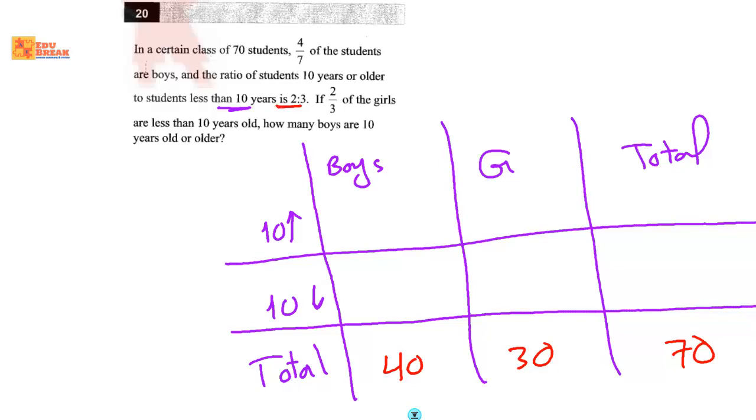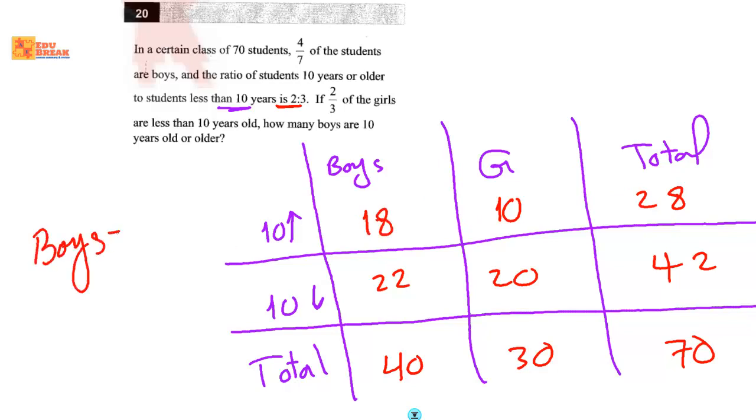Using the ratio 2 to 3 with a total of 70, it will be 28 and 42. Yes, less than 10 is 42 and 10 or older is 28. The number of girls less than 10 will be 20, so the number of girls 10 or older is 10. It means the number of boys 10 or older will be 28 minus 10, which equals 18. So the number of boys equals 18.